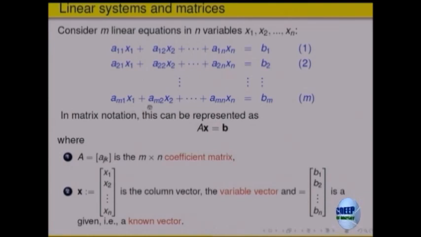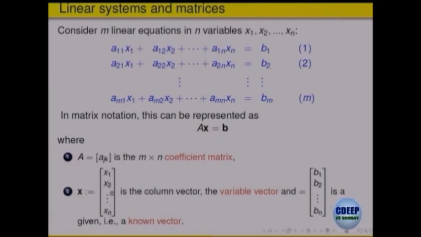The matrix consisting of the coefficients of these m equations, forgetting the variables and the arithmetic symbols, is A. X is the variable, an unknown vector: x1, x2, xn. You can call it x.